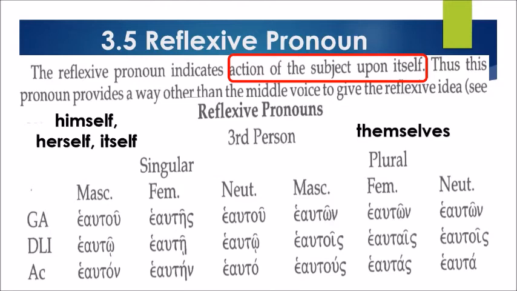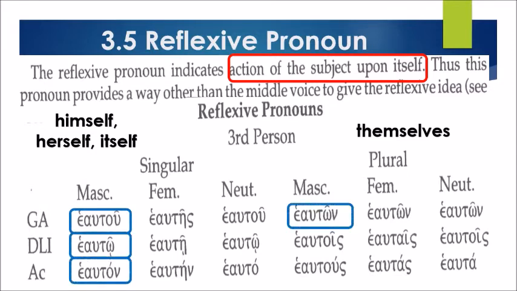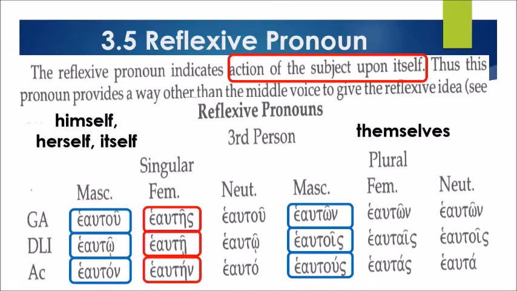Let's begin with the masculine in three cases also. Ready? Singular, begin: heautou, heautō, heauton, heautōn, heautois, heautous. Feminine: heautēs, heautē, heautēn, heautōn, heautais, heautas.